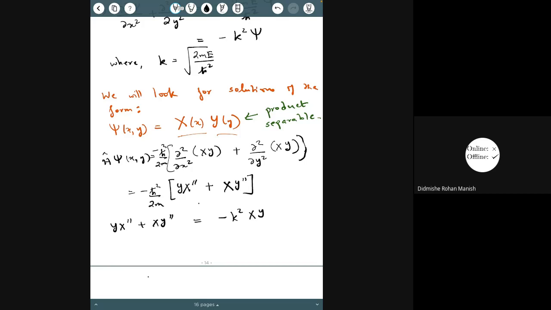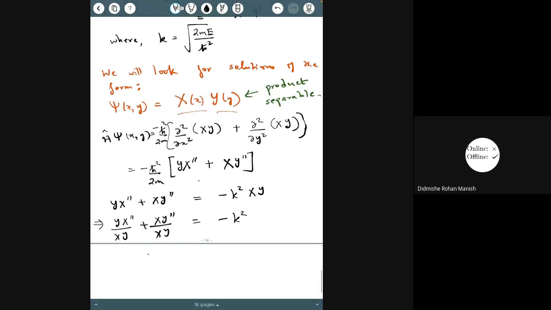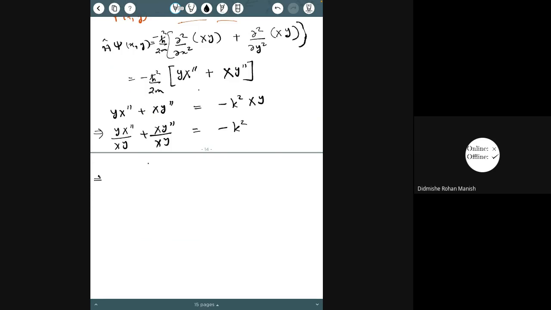Then I divide throughout by x y. So y x double prime by x y plus x y double prime by x y is equal to minus k square. Then x double prime by x plus y double prime by y is equal to minus k square. Okay.